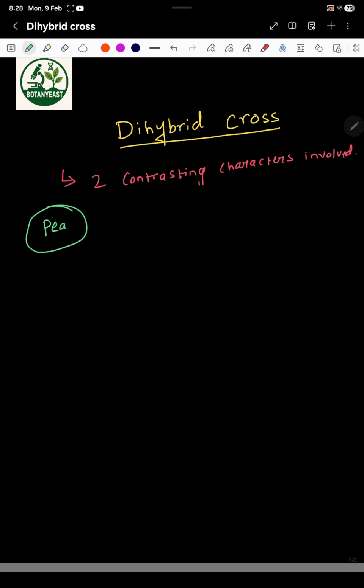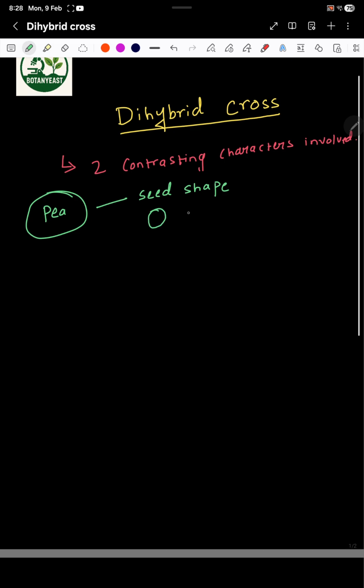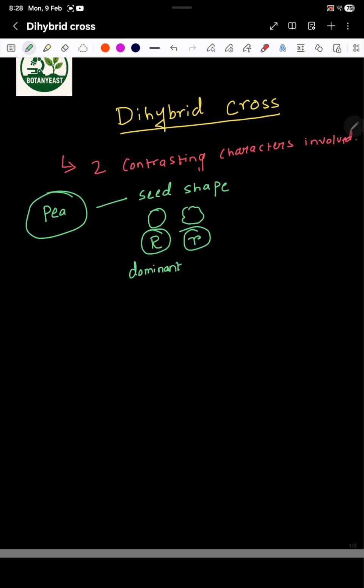The seed shape of the pea plant may be round, or it may be wrinkled. For round he took the R allele, for wrinkled he took the small r allele, where round was a dominant character and wrinkled was the recessive character. Clear?